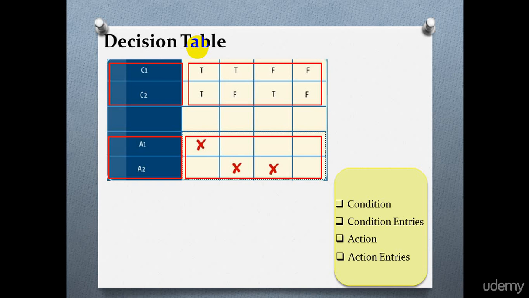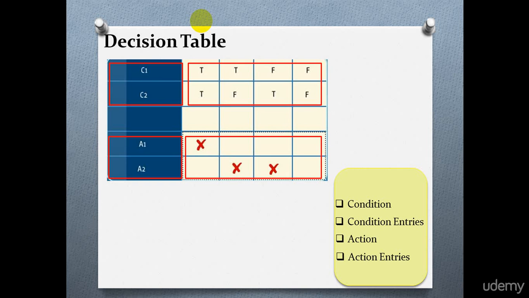However, if the action does not match the action mentioned in the table, then the tester would log the defect. That means our test case is not matching the expected results. So in this particular example, when the tester performs both the conditions as true, the software should perform action 1, else it should be a defect.